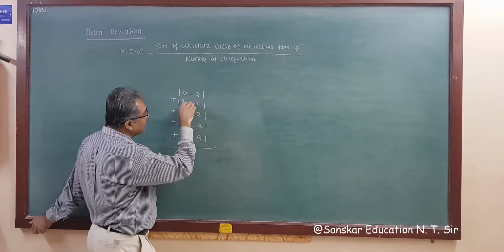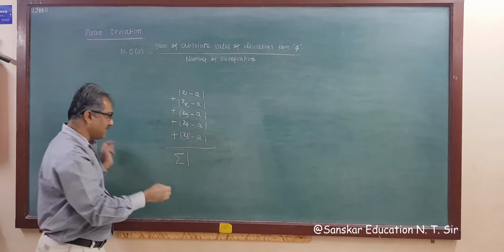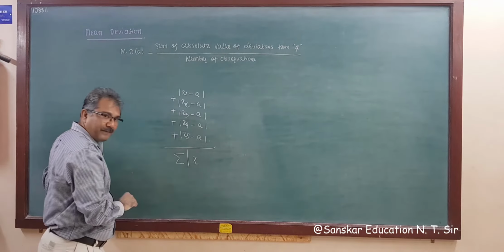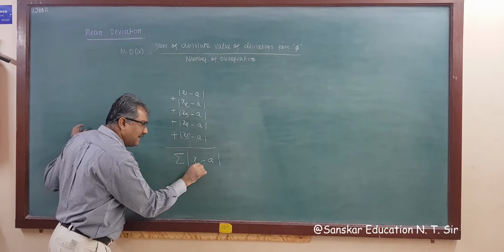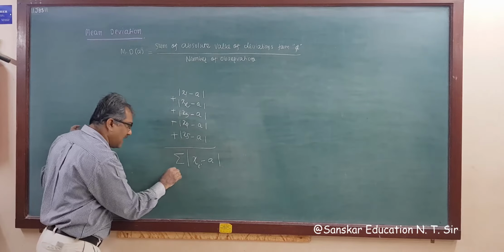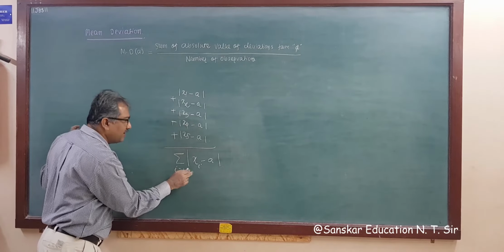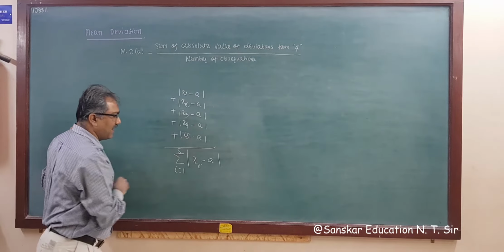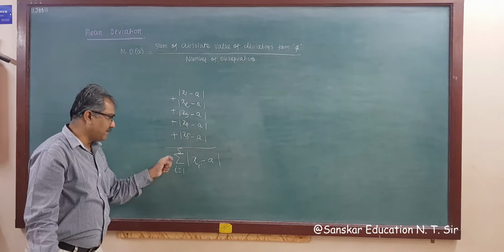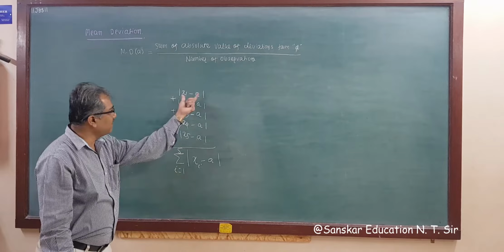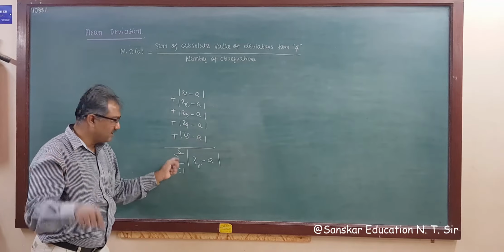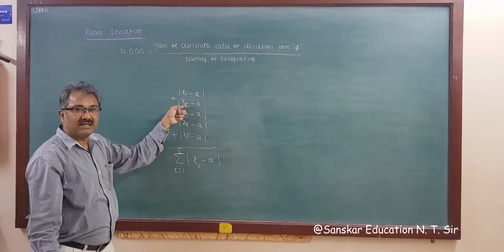Instead of writing x1 minus A, x2 minus A, we can write xi minus A, with i running from 1 to 5. Summation means you write i equal to 1, so you get |x1 minus A|; plus, substitute i equal to 2, you get |x2 minus A|.